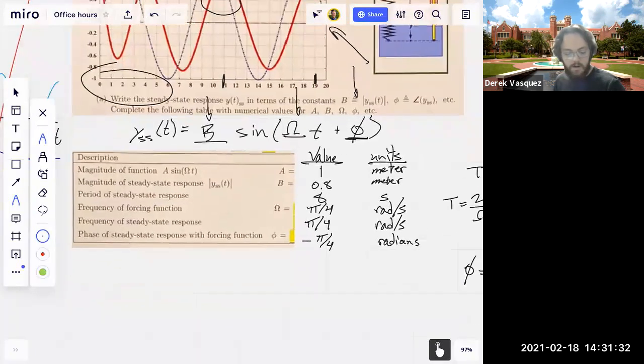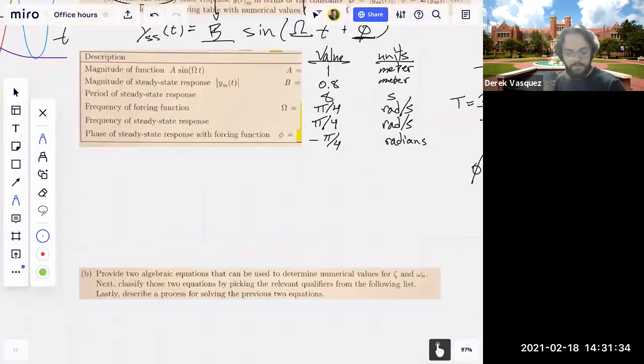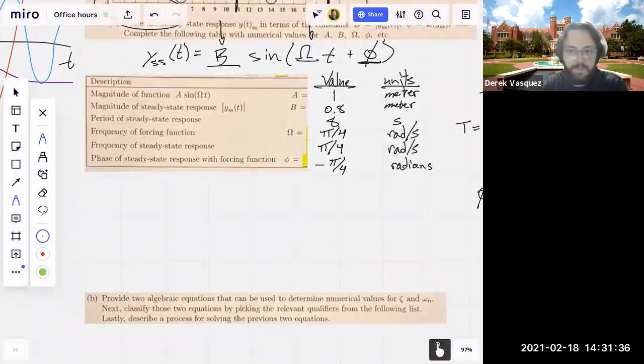That's okay. All right, I will try and send out a clarification on that one. So moving on to the next part. We have considered the phase of the steady state response that y of t makes with the forcing function.